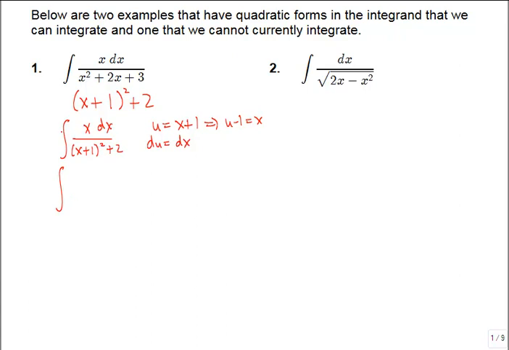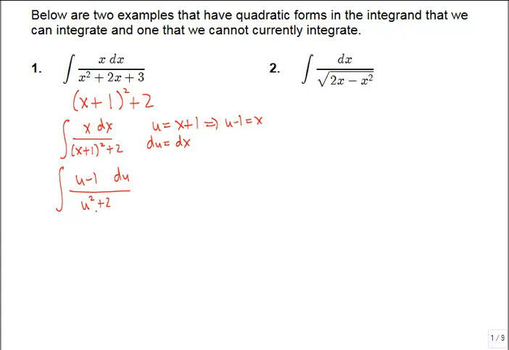Now we're ready to substitute in all of our pieces. This x on top becomes u minus 1. The dx just becomes our du. And in the denominator, x plus 1 quantity squared becomes u squared plus 2. Now, how does that help me solve this?